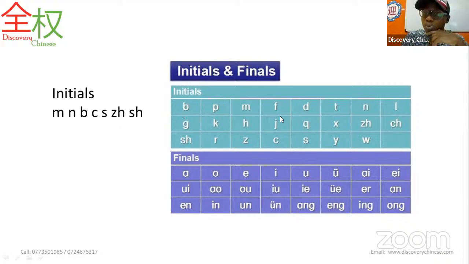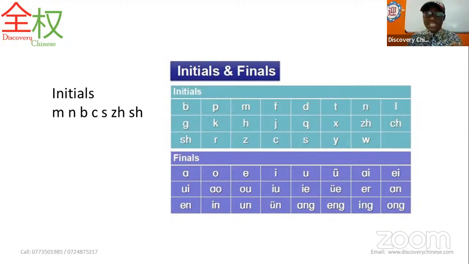I remember doing this when I was starting my level 1. Initials, I guess in layman terms, I would describe as the consonants in the alphabet. So a Chinese word is made up of 3 parts.